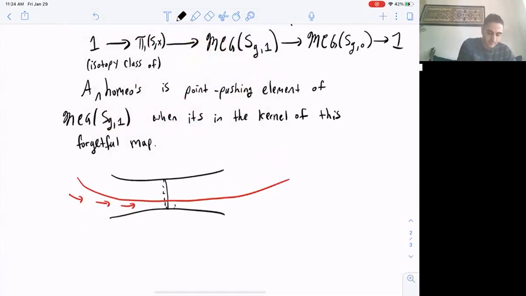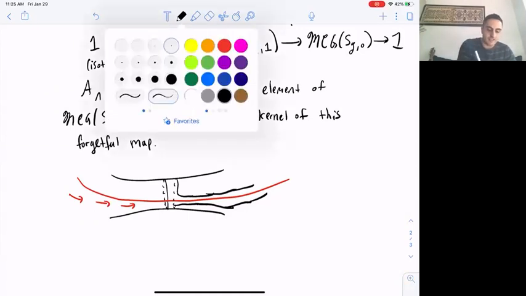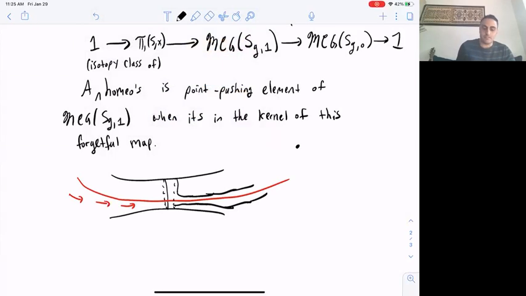So now it looks like this, and it goes like that. Everything in the surface is getting dragged with me until eventually I land back at the puncture, and once I get there, everything that I dragged with me, I make go around the puncture like that.